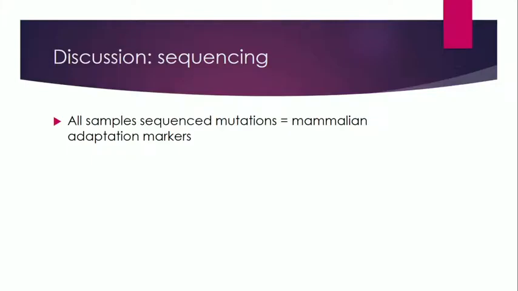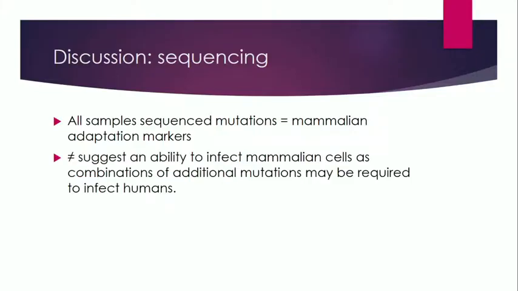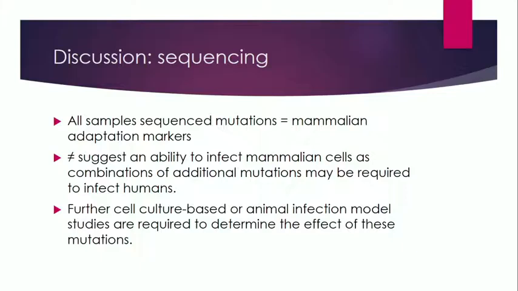But this does not necessarily suggest that it will infect humans, okay? We find that you might need a combination of several other mutations as well to allow the virus to effectively infect humans. To do this, we are going to be conducting further cell culture-based or animal infection models to determine what the relevance is of these mutations that we identified.